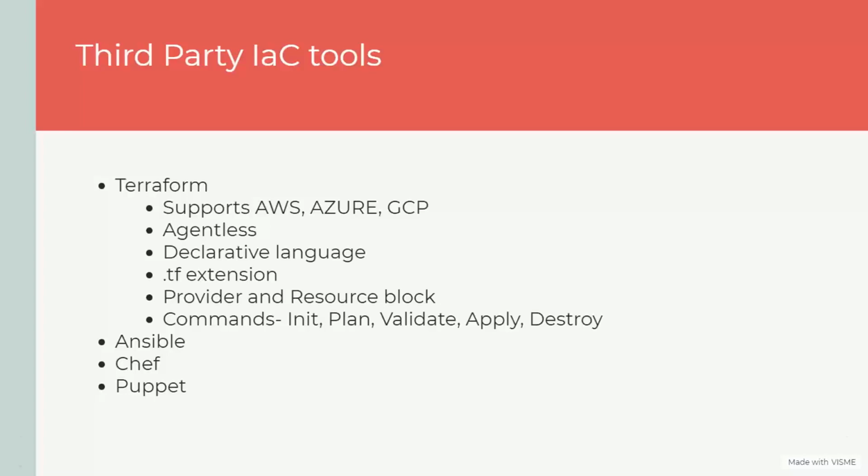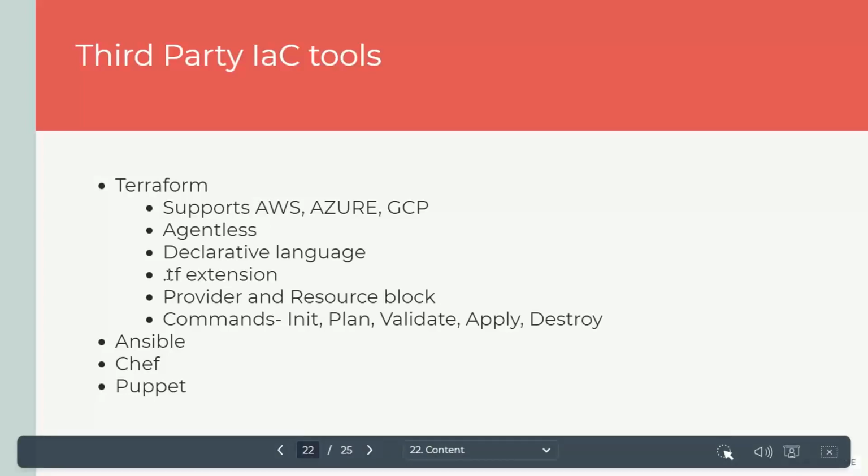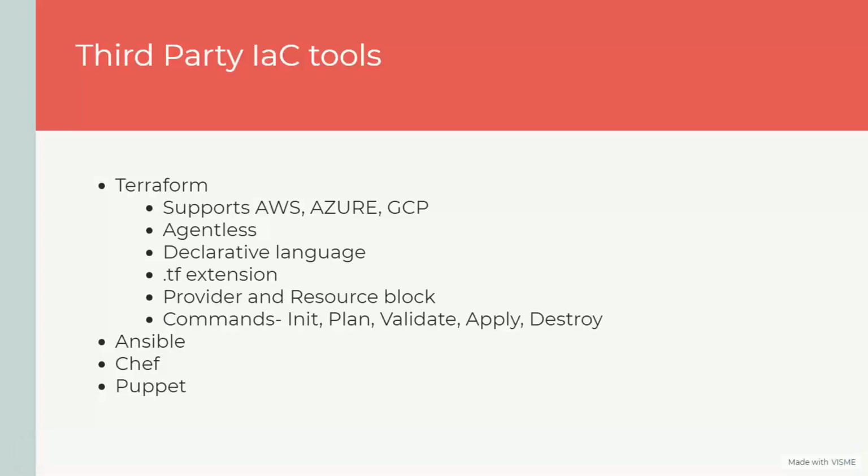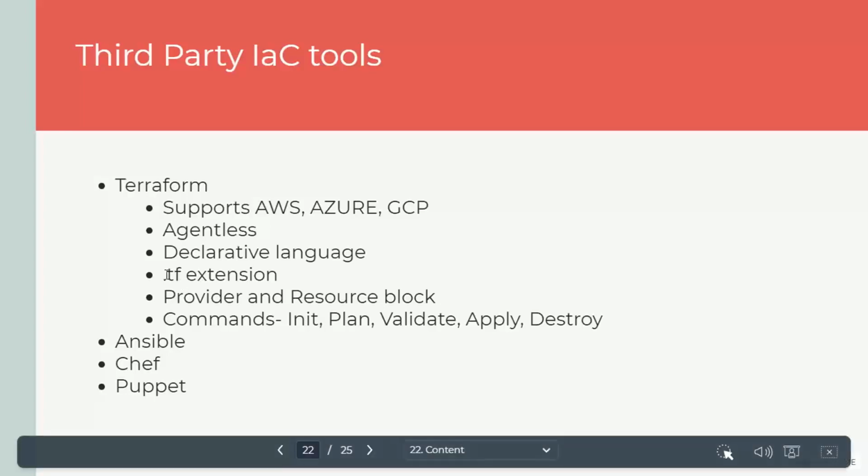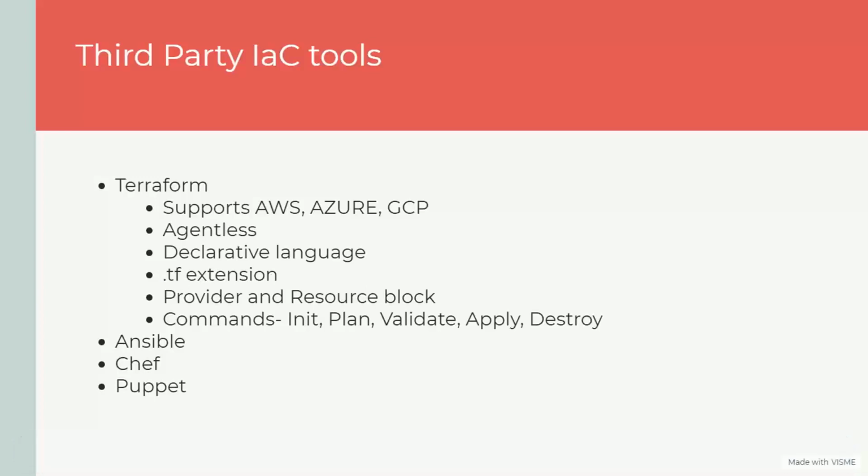Here, with Azure ARM templates, we have the JSON template, so the template file and the parameter file will be JSON files. But here we create files with the .tf extension.